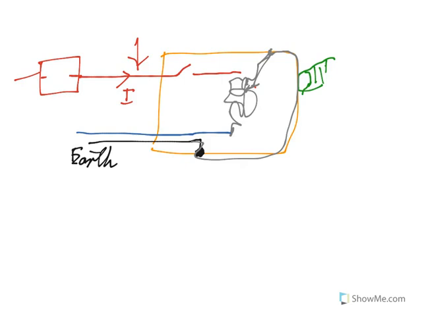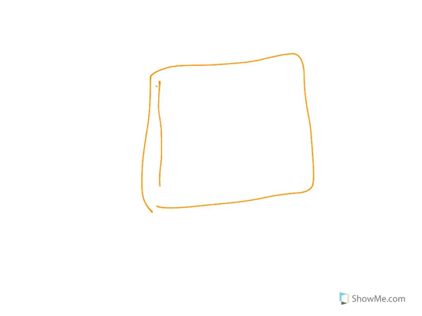Alright, now these days that doesn't quite happen as much, because these days we have what's called double insulation. It's just like, you know, TVs, printers, computers, a whole bunch of stuff.